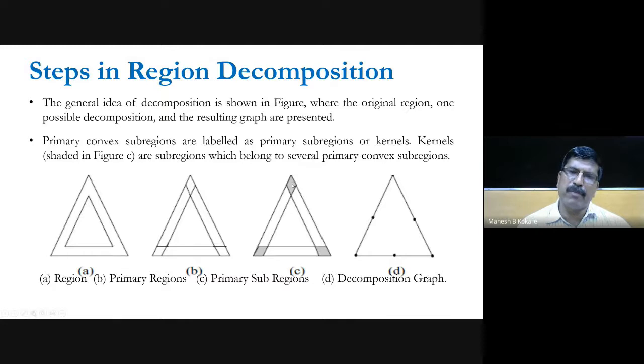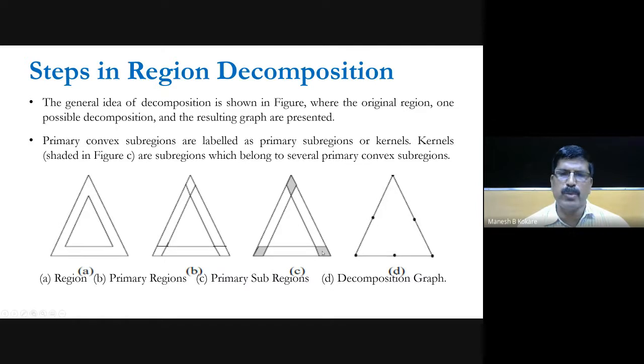For example, this region will represent one node, this region another node, then the third node, the fourth node, and the fifth node, and this region will represent this one. So this is called a primitive. This is also called a primitive, and so on.